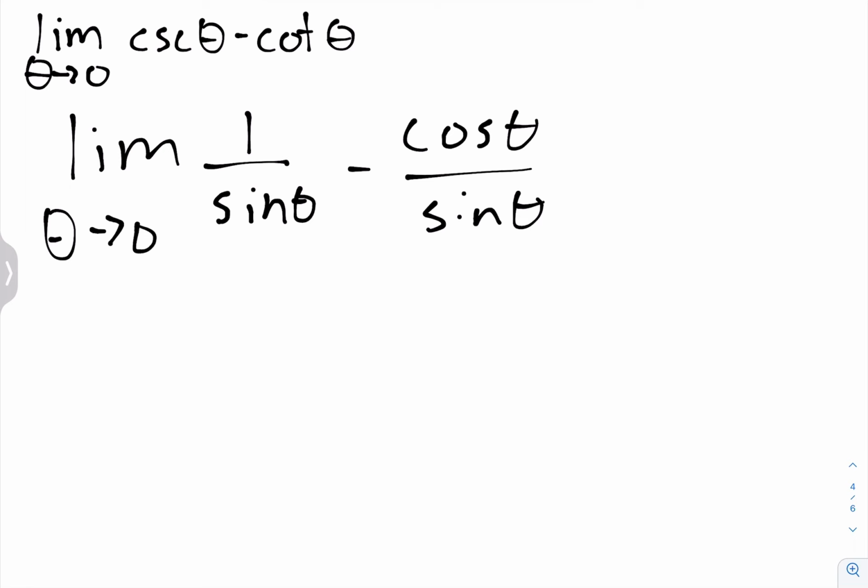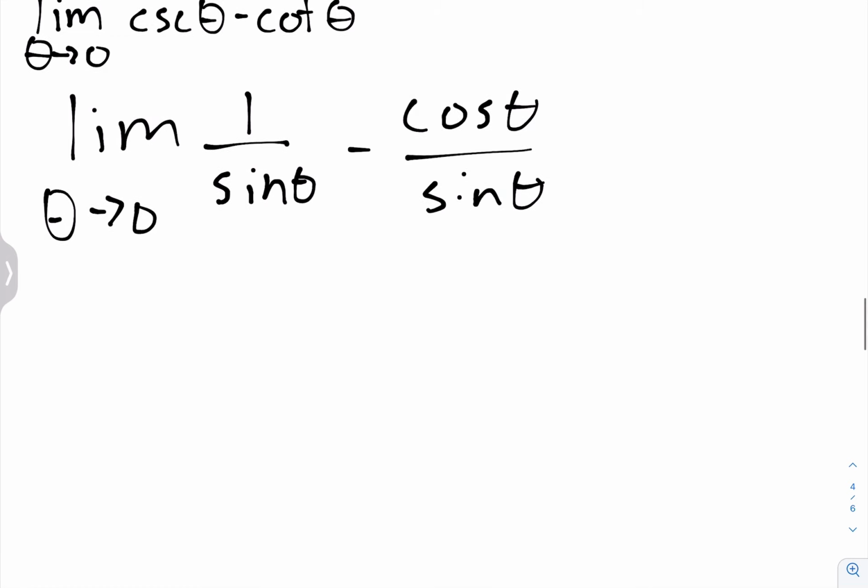Okay, so if we were to plug in 0 for theta right now, we would just get 1 over 0 minus 1 over 0. So we have an undefined number minus an undefined number. We can't do that, so we're going to have to differentiate the top and the bottom.